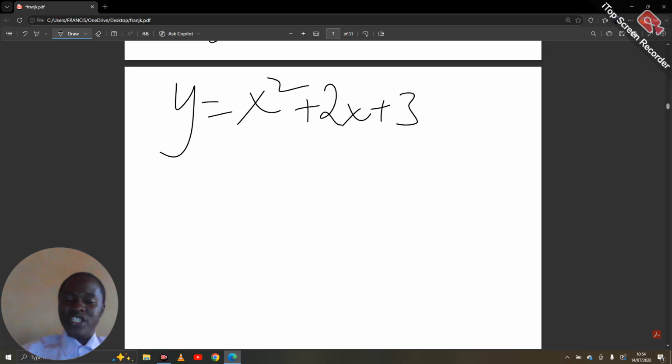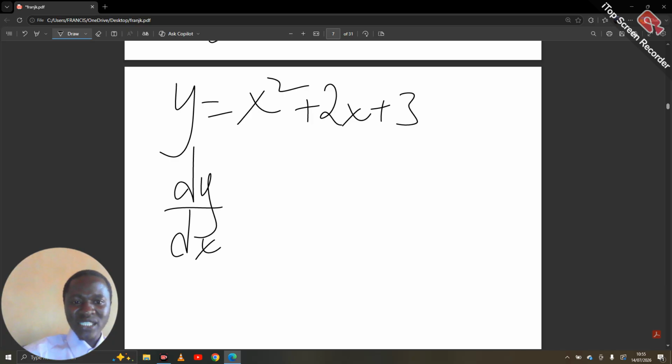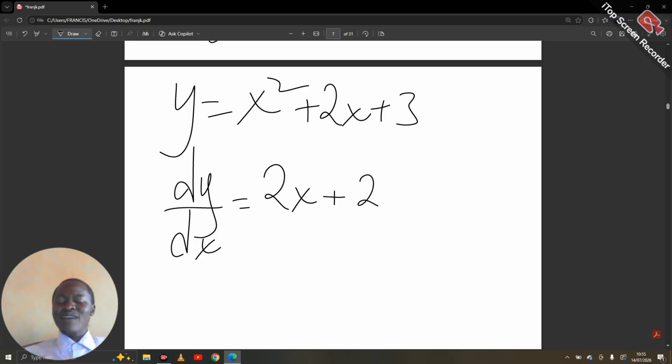Let us first differentiate. Now, we have dy over dx equals 2x plus 2. I think up to this point, you don't have a problem when it comes to differentiating.